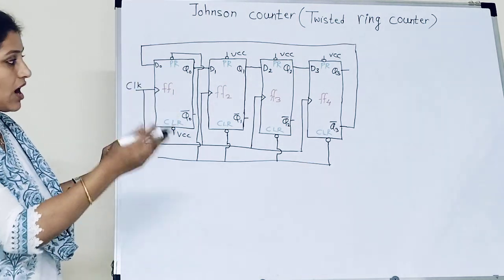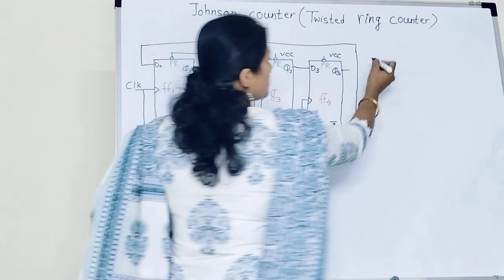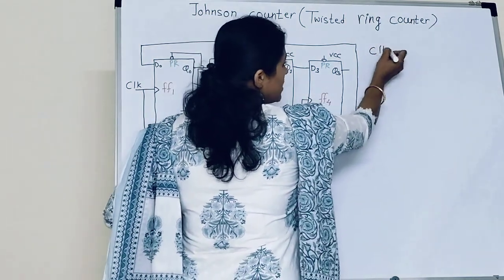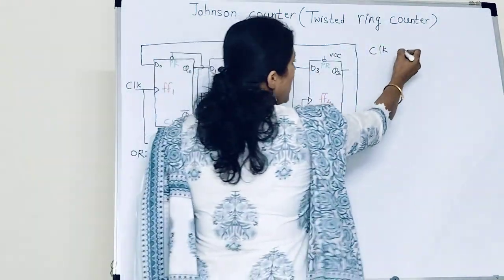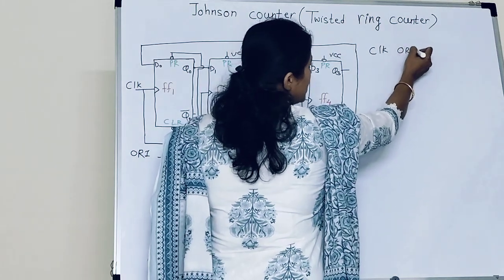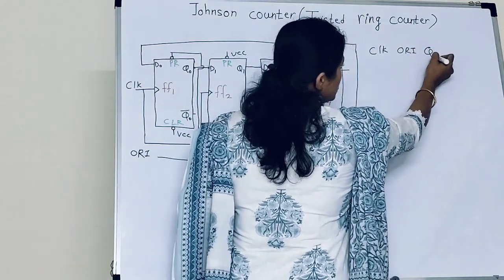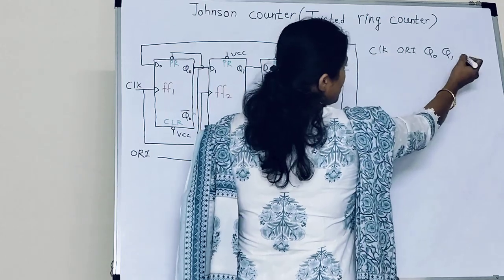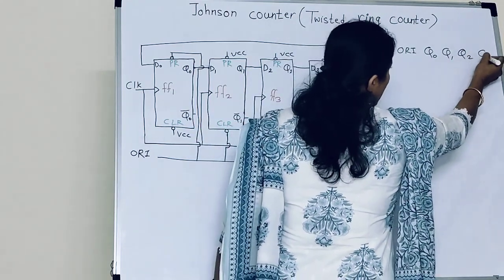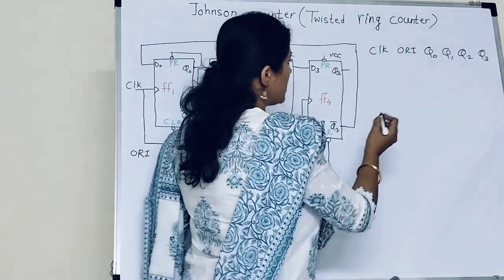Now let's see how it works. What inputs do I have? I have clock input, I have overriding input, and I have 4 outputs Q0, Q1, Q2 and Q3.